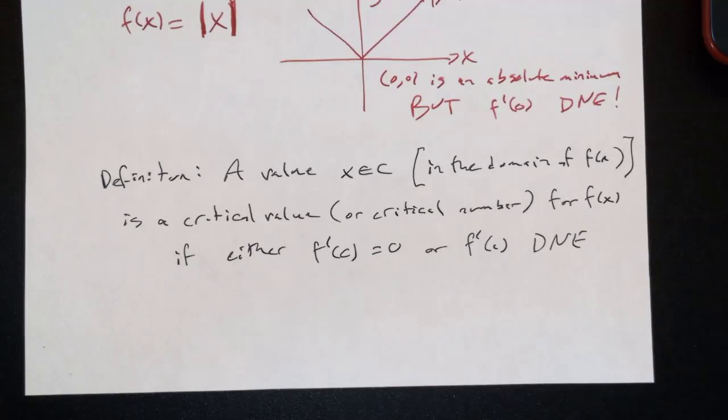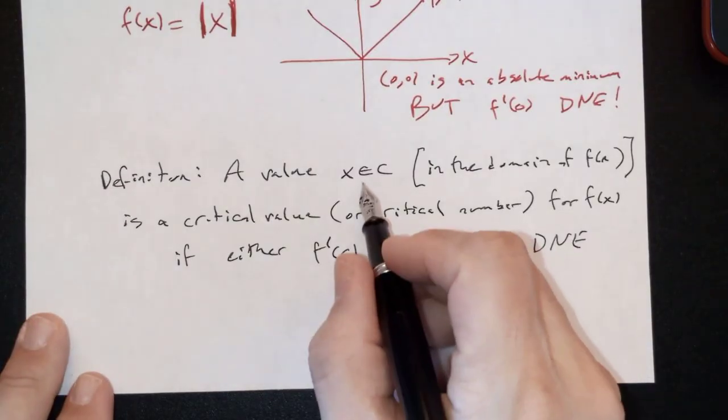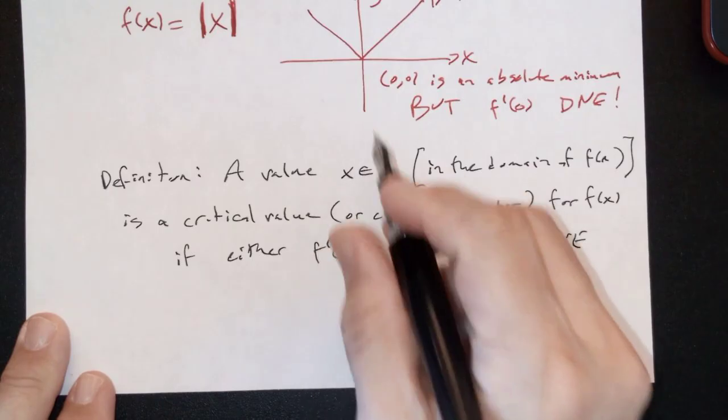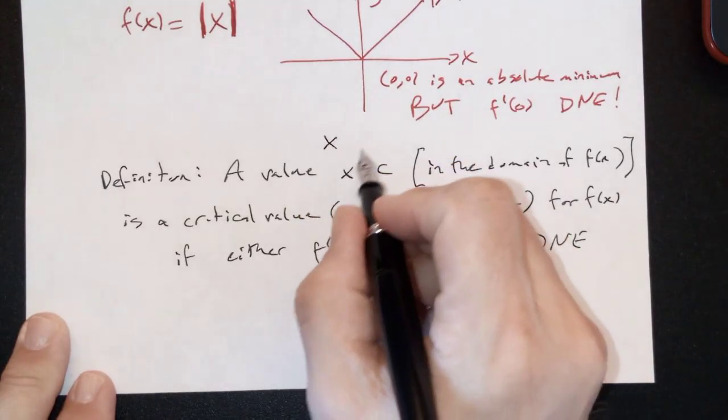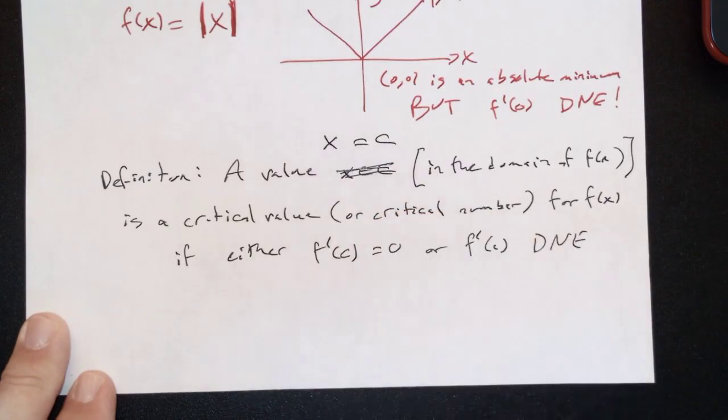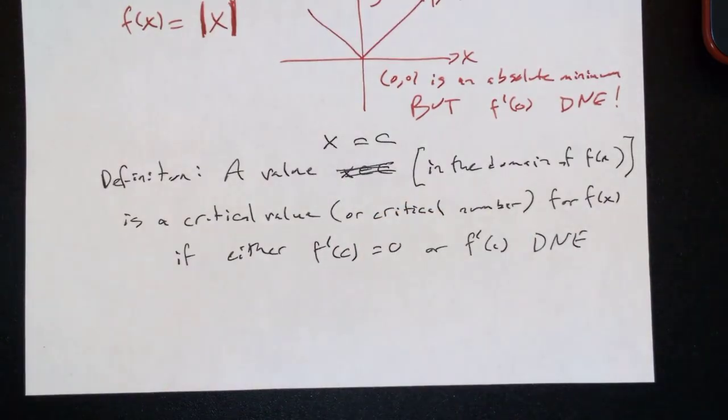If I think of the point on the graph, c comma f of c, that is a critical point for f of x. Oh, that's an element symbol. A value x, it should be x equals c. Boy, was I being sloppy. It was a bad symbol.